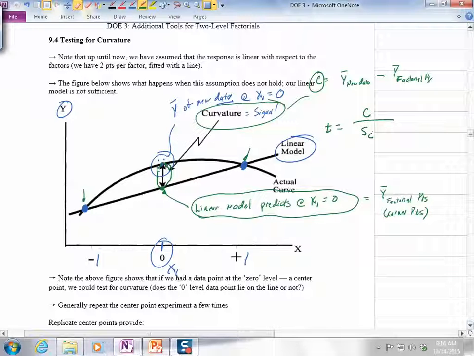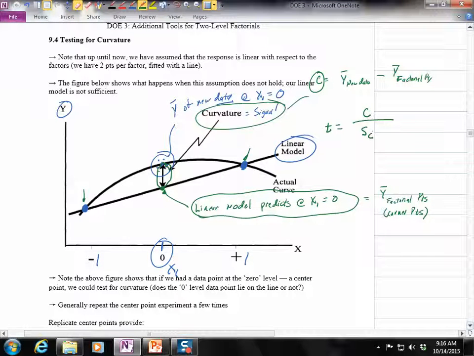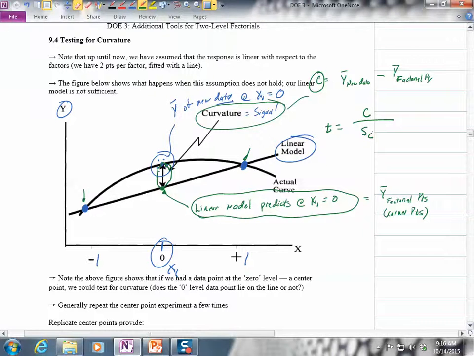Who can describe what C is in words? It's back to a case that we covered in chapter 6. What is it? Katie? It's a difference between two means, right?